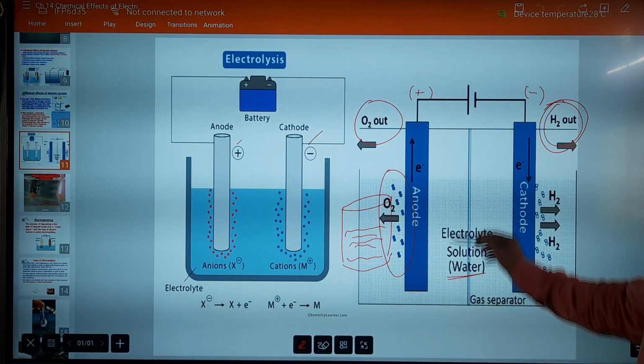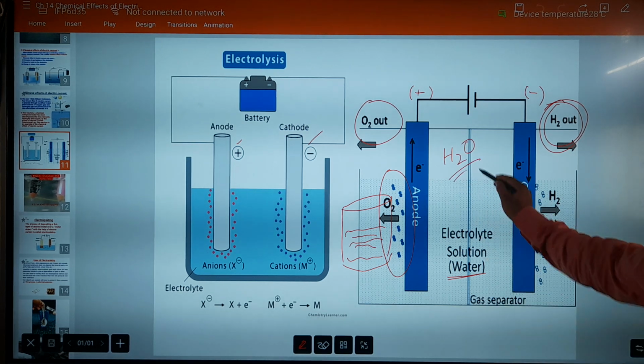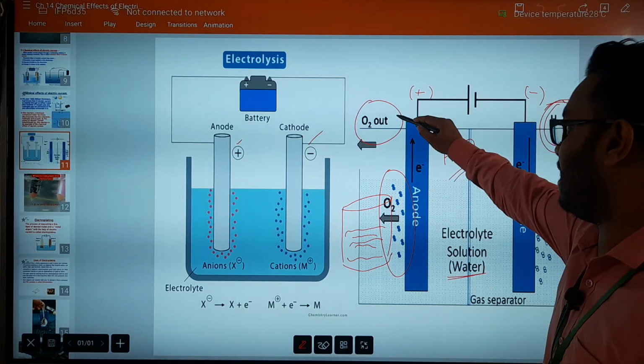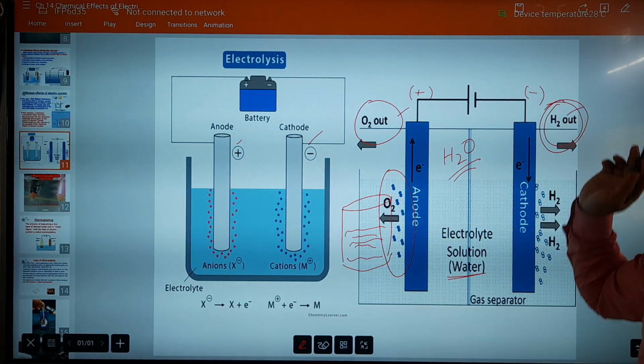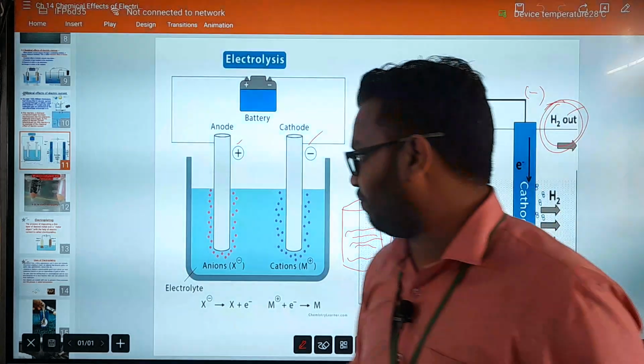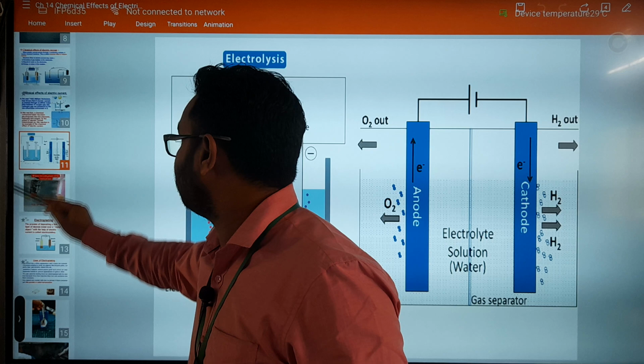Got it? Because water is H2O, the formula. So here we will get oxygen and hydrogen. This is called electrolysis. And the definition you will get in the next slide.